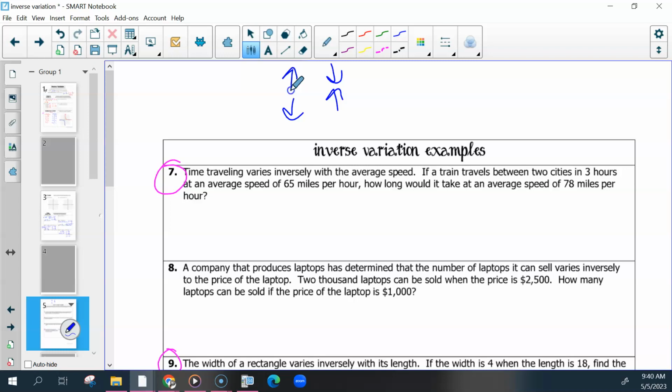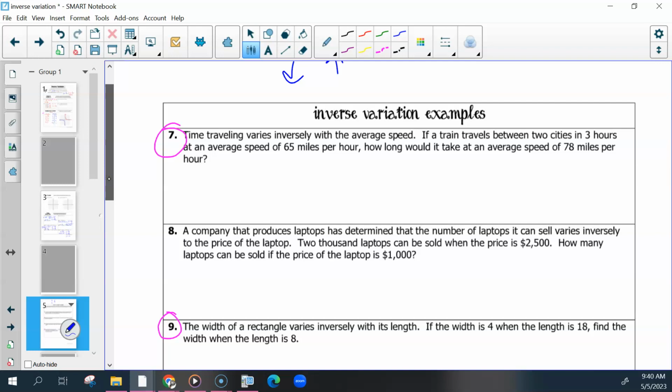The more time you spend playing games, the less time you have to do homework. Things like that. I'm bad on the numbers today. Great, so let's do 7. Same with direct. It will say varies inversely, inversely proportional, something like that.